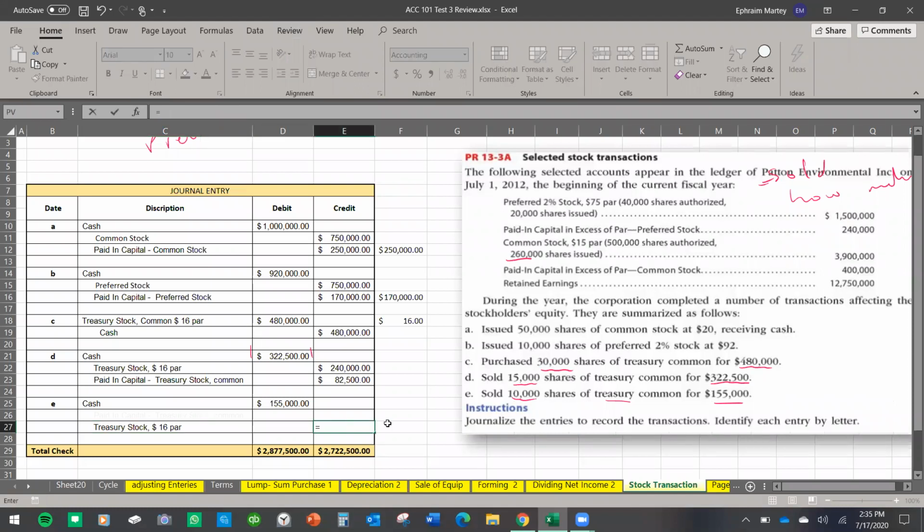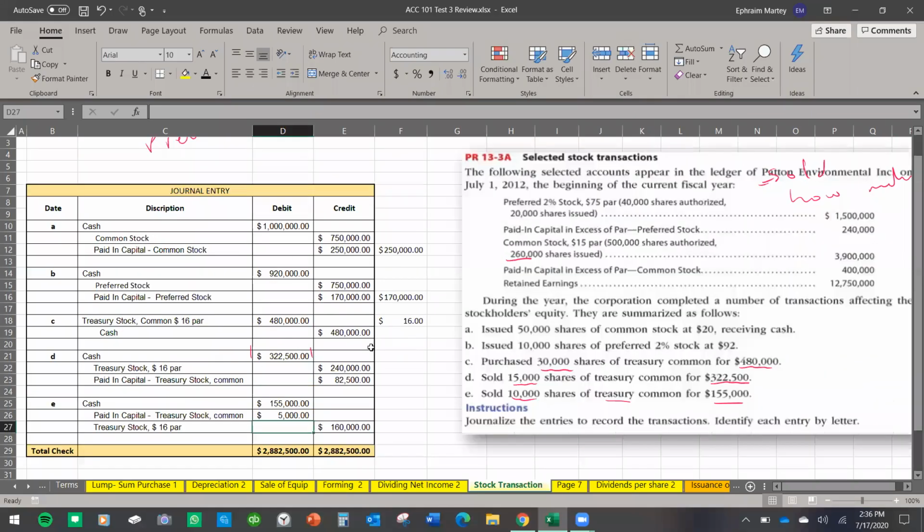So we will have 10,000 multiplied by $16, which is 160,000. We should sell it at 160,000. In this case, we sold it for less, so we are selling it at a discount. We take the right minus the left, and then we have everything equal on the left and right hand side.